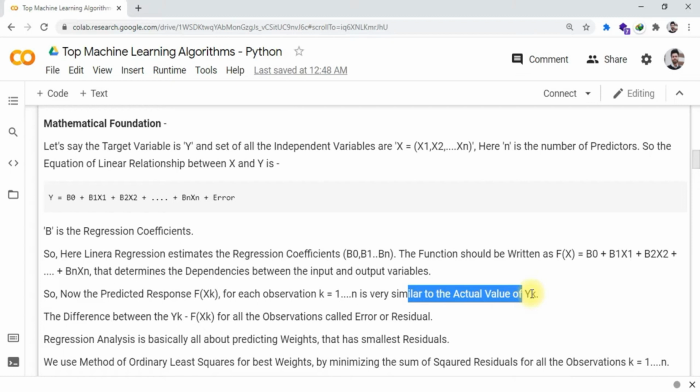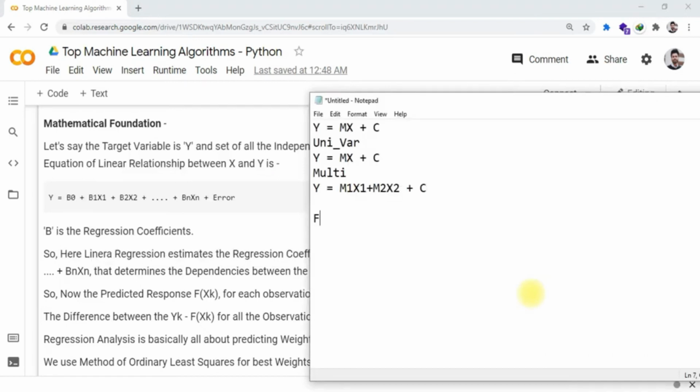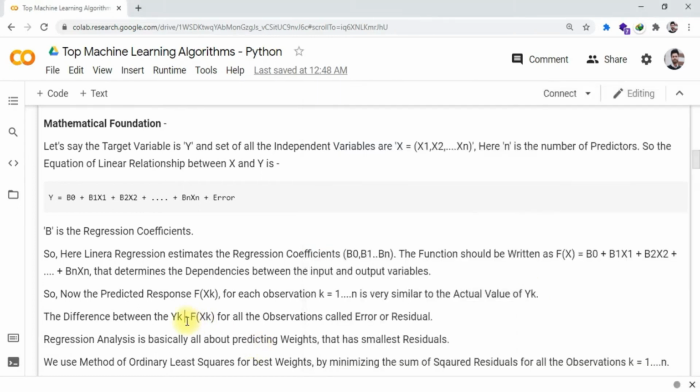For example, if we are going to predict f(25) and we get a value of 6.25, then the difference between 6.25 and 5 is the error. We use this same equation here, where yk is the actual value and f(xk) is the predicted value, and the difference between both of them is the error.